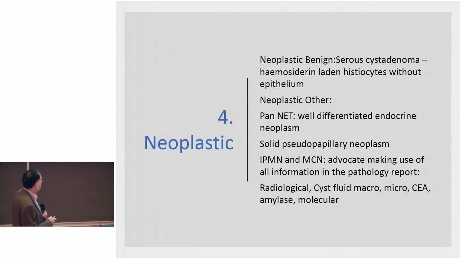Obviously the microscopic features, and then what is the CEA level, what's the amylase? And if you've got access to the molecular tests, they are nowadays fairly accurate in helping make a diagnosis of an IPMN and mucinous cystic neoplasm, but I don't think many centres have this, and we certainly don't at the moment.